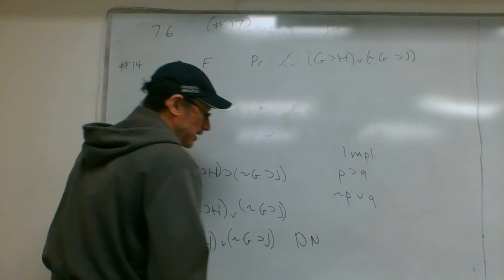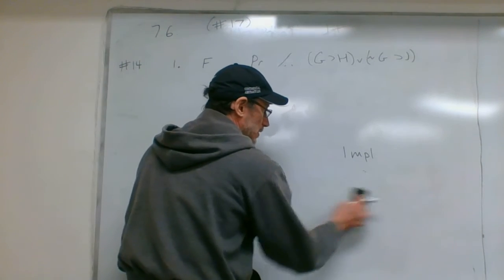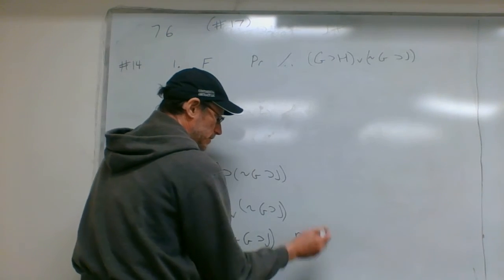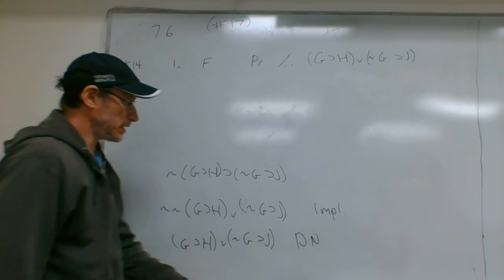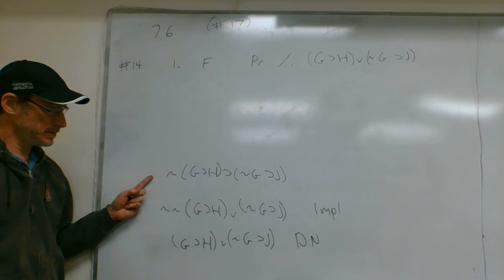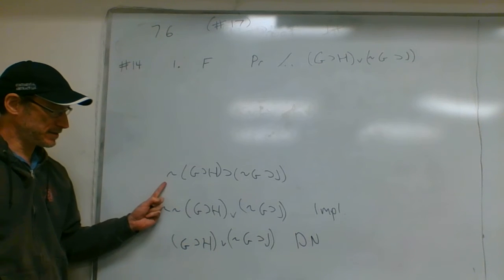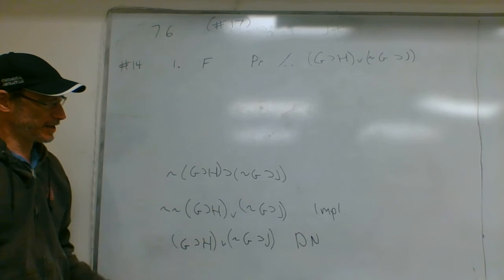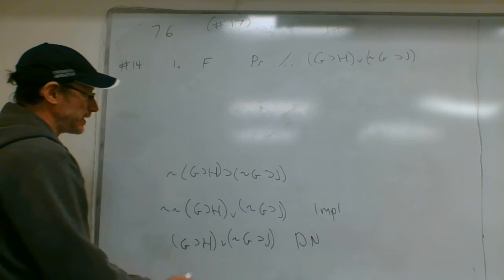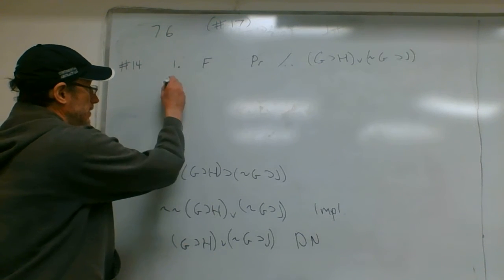So this would be implication from here, negating the antecedent and replacing the horseshoe with a wedge. Now I have a horseshoe, so now I can do a conditional proof.